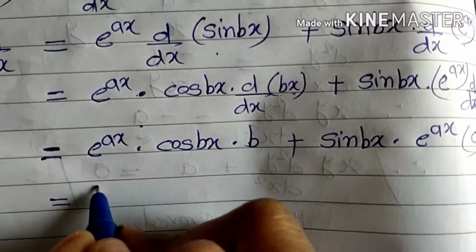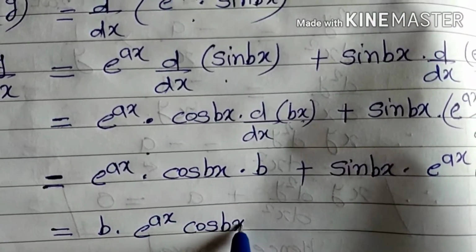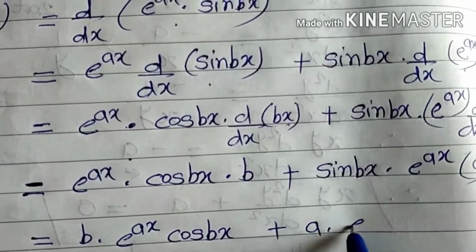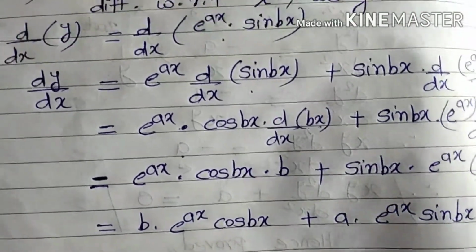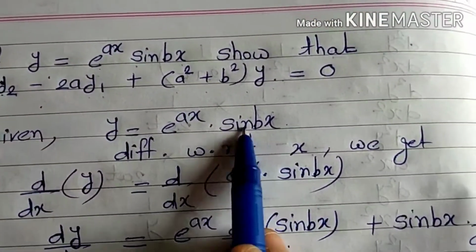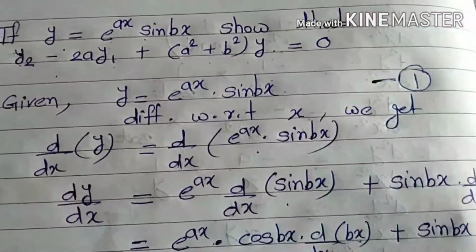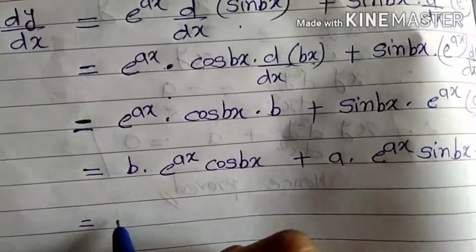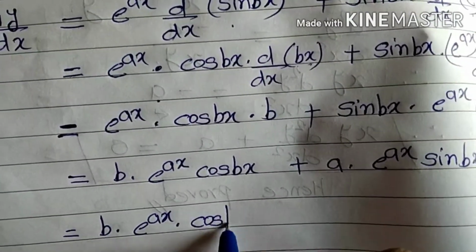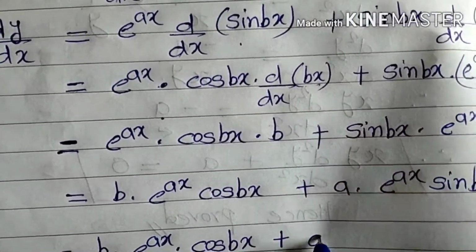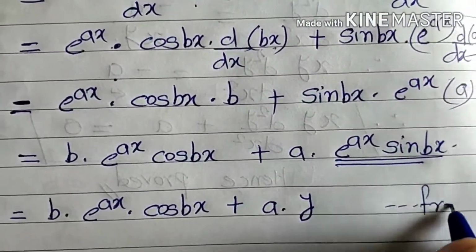So write it properly: b into e raised to ax cos bx plus a into e raised to ax sin bx. Now you can observe it, e raised to ax sin bx is y. So give it equation first: b into e raised to ax into cos bx plus a into y, because the value of this is y.